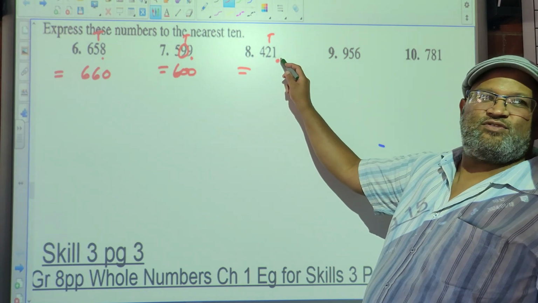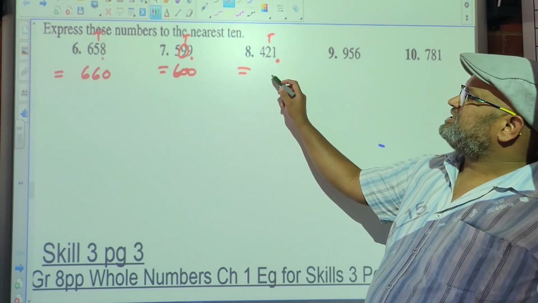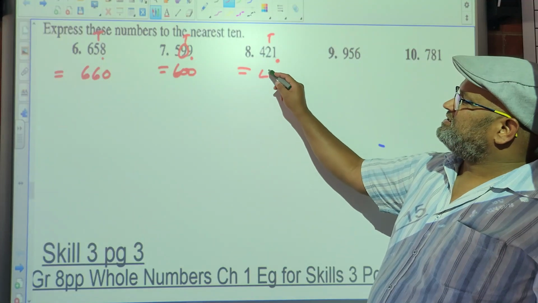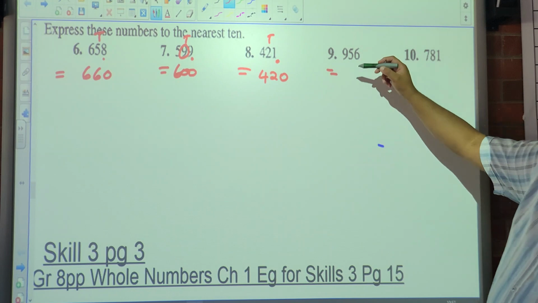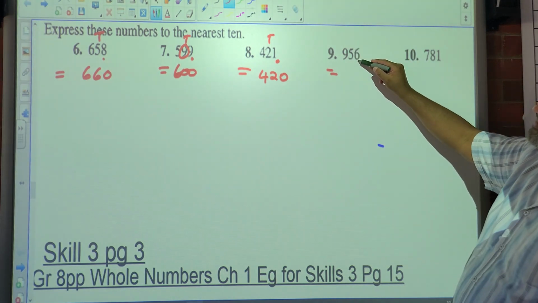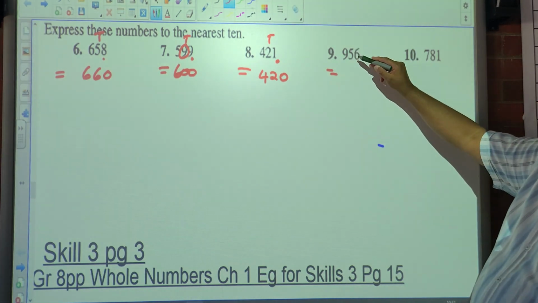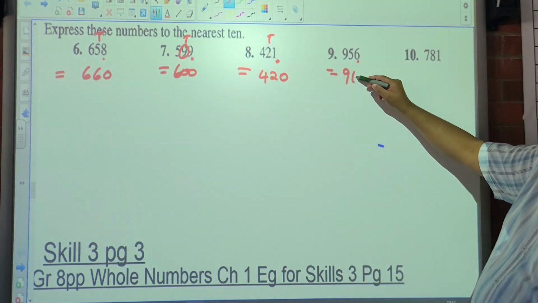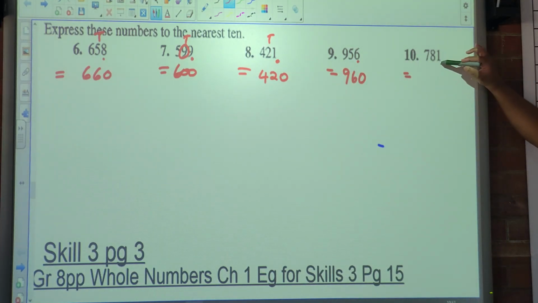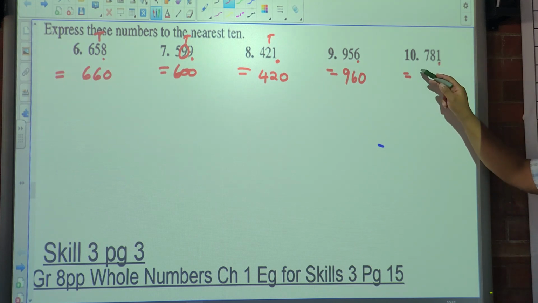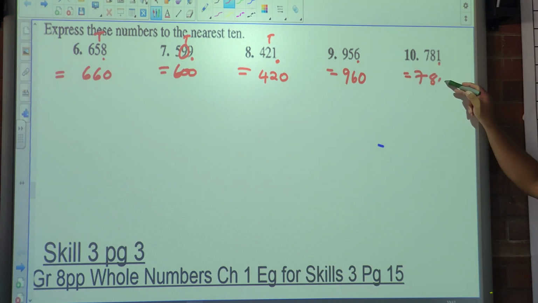Okay, is that less than or equal to 5? Less than. So it's going to stay there. So it's 420. The next one. That is more than 5. So you're going to change that to 6. So it's 960. The next one. It's going to give you 780. Okay.